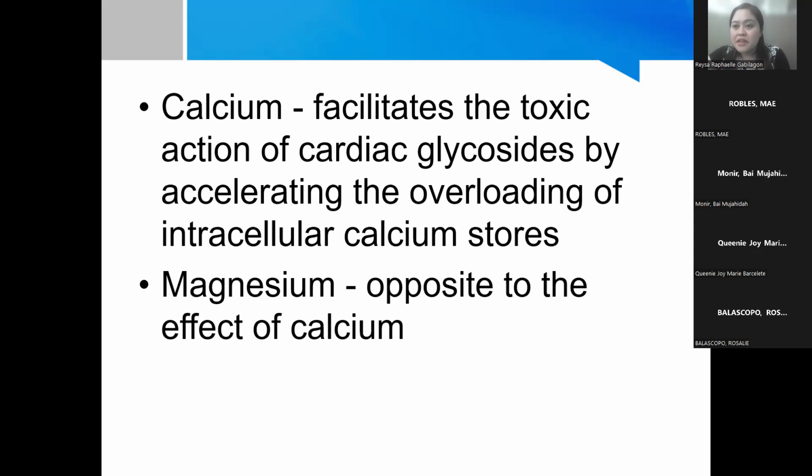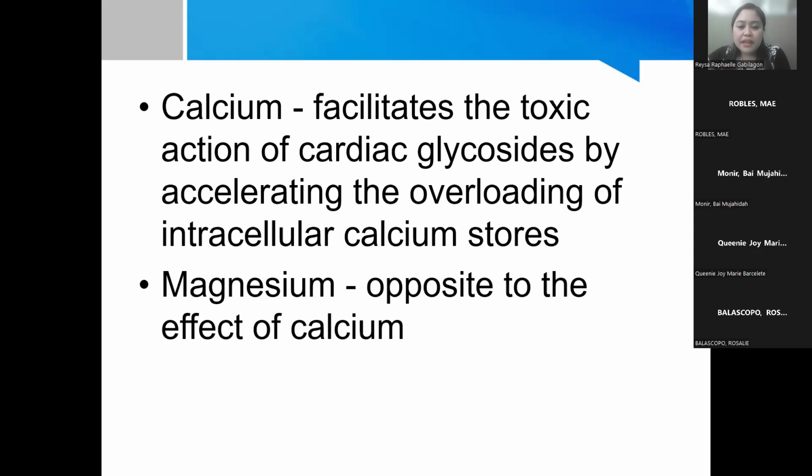And it's the vice versa if the patient experiences hypocalcemia. You have given the patient digoxin pero konti lang talaga yung calcium niya, so there will be reduction in the activity. There will be reduction in the inotropic activity of the drug. So you have to make sure also that calcium is in the normal level.